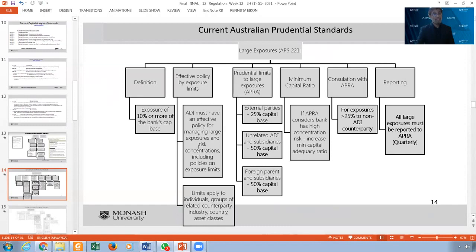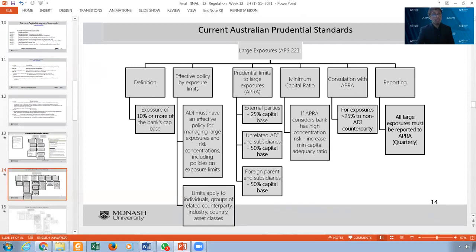ADIs must have an effective policy for managing large exposures and risk concentration, including policies and exposure limits. They have to have prudential limits to large exposures. You can go up to 25% of your capital, and you can go to unrelated ADIs up to 50%, or foreign parent and subsidiaries up to 50% of your capital as loans.